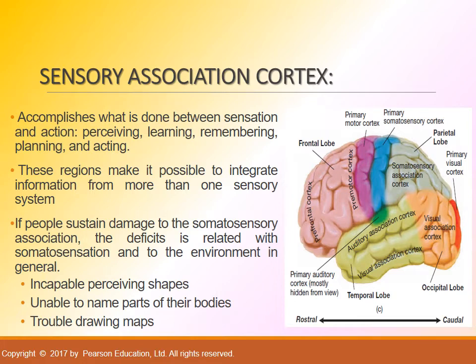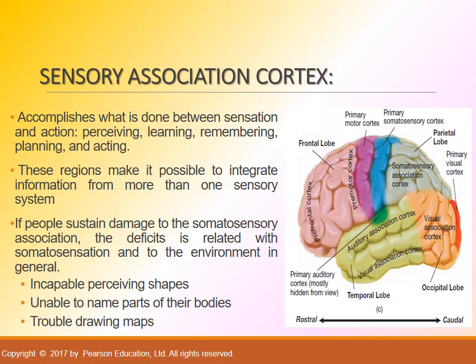As you can see, the temporal lobe is divided into auditory association cortex and visual association cortex. The occipital lobe involves the visual association cortex, and the parietal lobe includes the somatosensory association cortex. Whereas the frontal lobe is divided into premotor cortex and also prefrontal cortex.